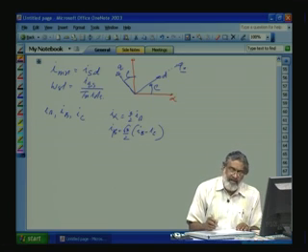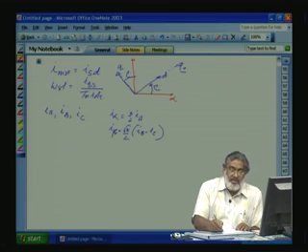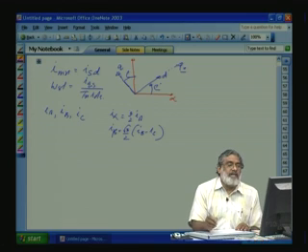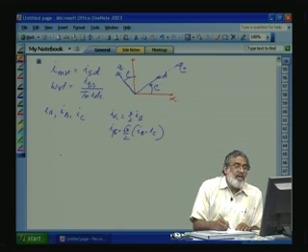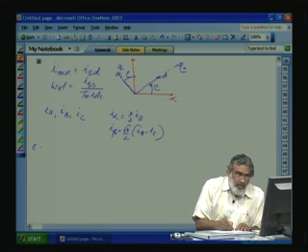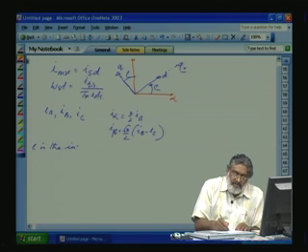Okay. So, from the alpha beta components, how do you get D and Q? Provided rho is known. Rho means the instantaneous position of the rotor flux is known. Now, under field oriented control, rho is the instantaneous position of the rotor flux.